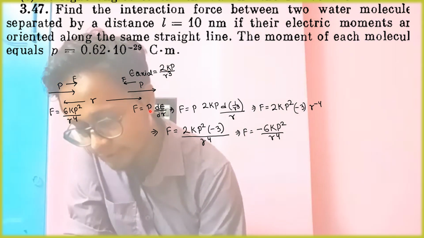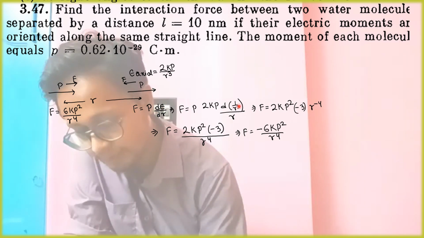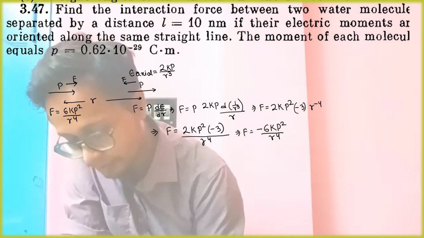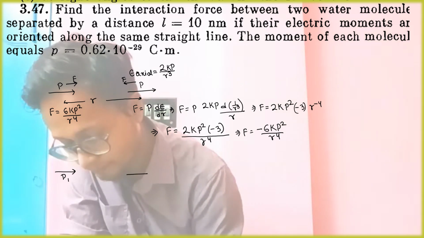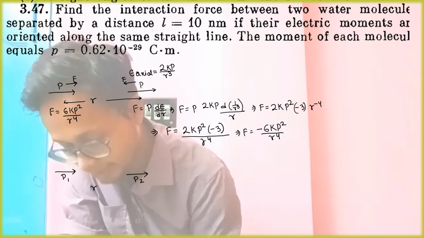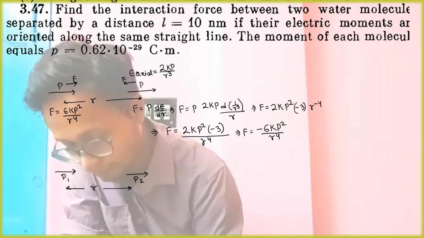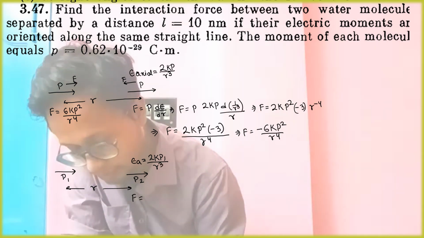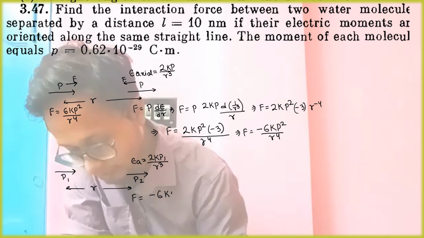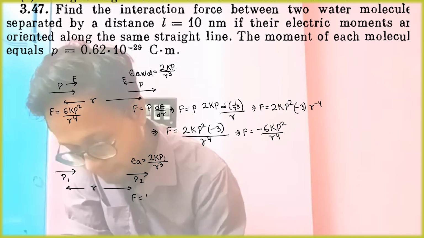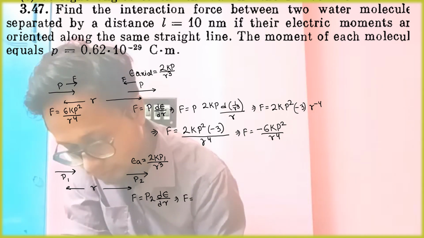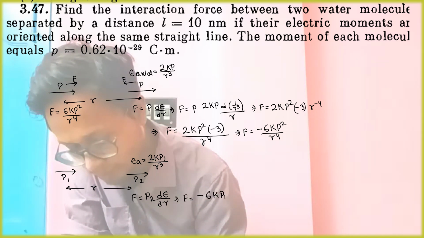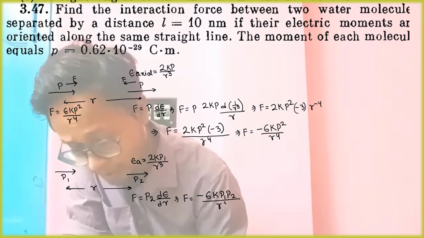Force out here is equals to p2 into dE by dr. So what I'm trying to say is, if there are two dipoles p1 and p2 separated by distance r, the electric field out here due to first dipole would be E axial is equals to 2 kp1 by r cube, and the force out here would be p2 into dE by dr, or force is equals to minus 6 kp1 p2 by r to the power 4.